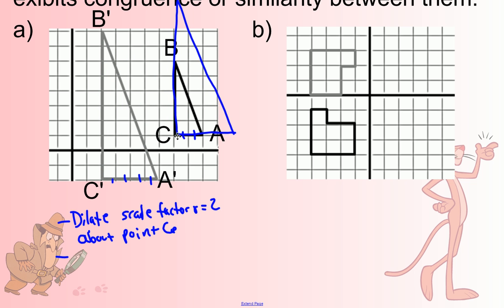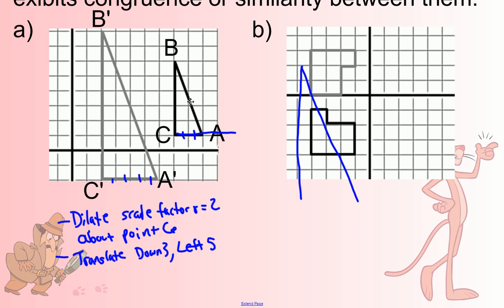Looking at this point C, I would go down 3, so translate down 3, and then over 1, 2, 3, 4, 5 to the left. Left 5. I think that would make it into the new image.